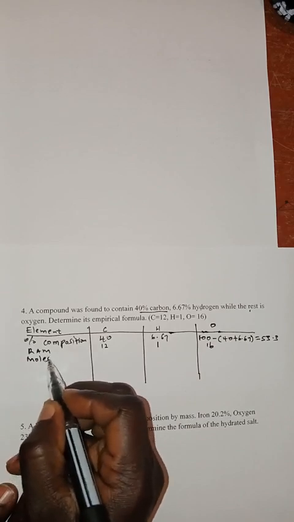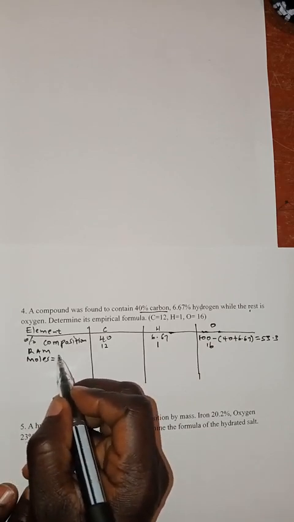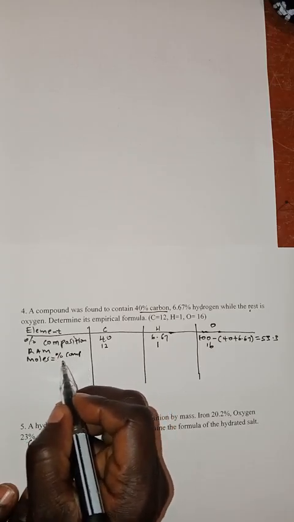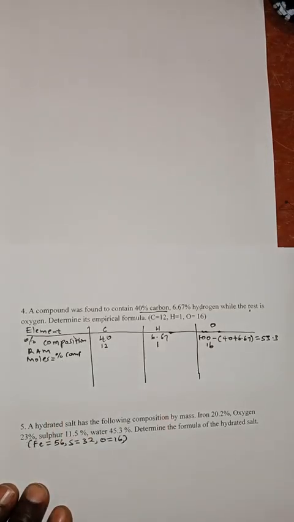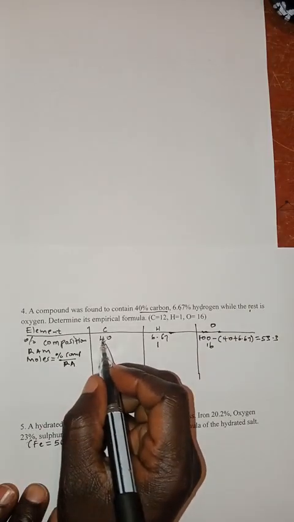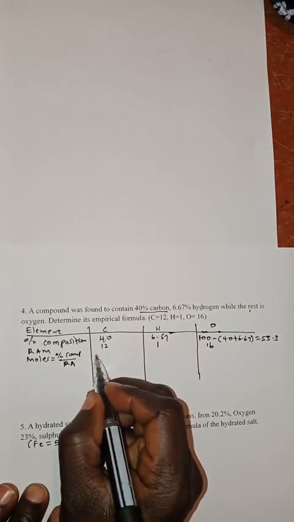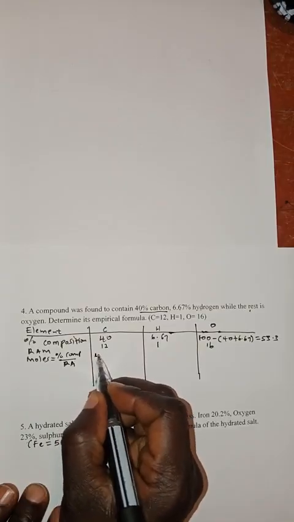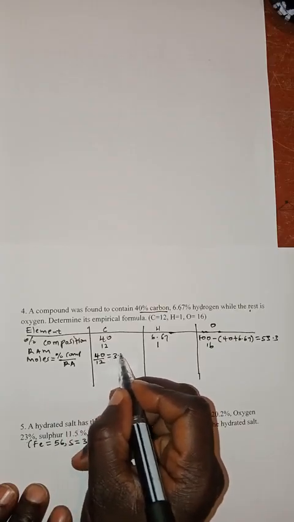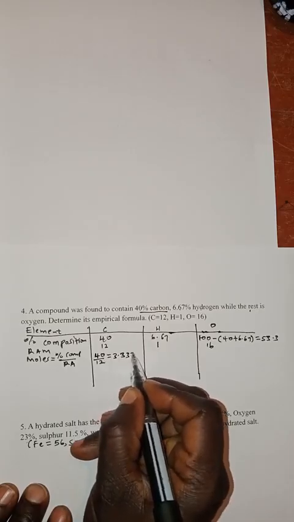Moles of each substance is given by percentage composition over the relative atomic mass. Then the percentage composition of carbon is 40, so the moles of carbon are given by 40 divided by 12, and 40 divided by 12 gives 3.333.